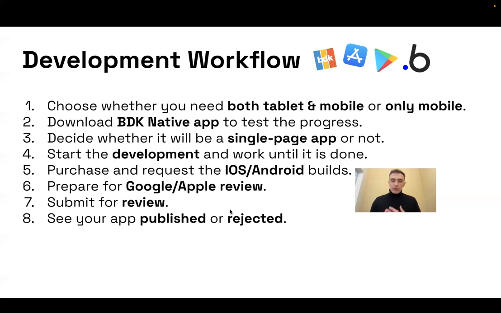So after you finish all your development and test the app, you can purchase and request an iOS and Android build. You pay money to the BDK team, you ask them to generate the build for you, and you're done. After that, you start preparing for Google and Apple review.